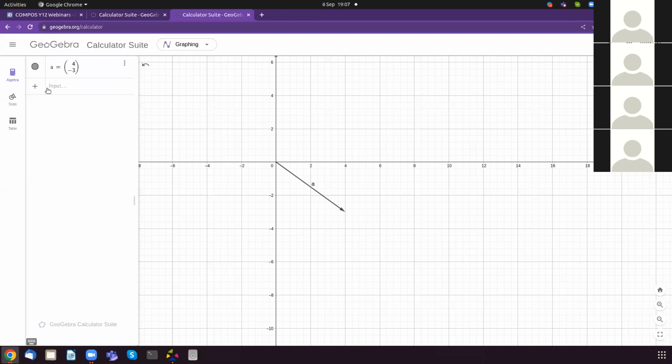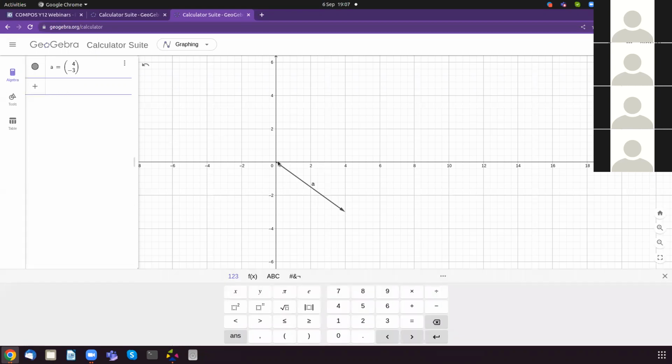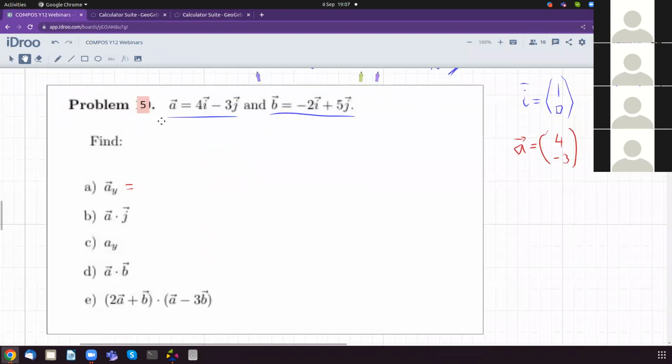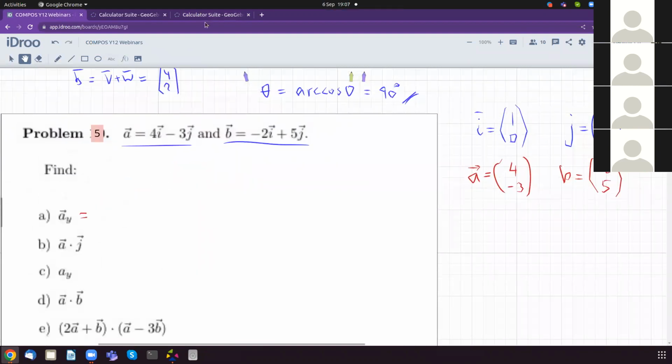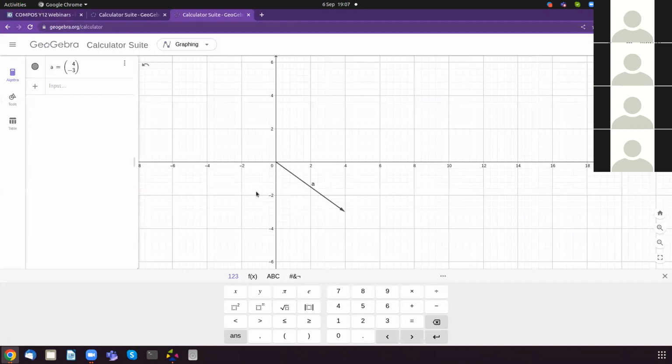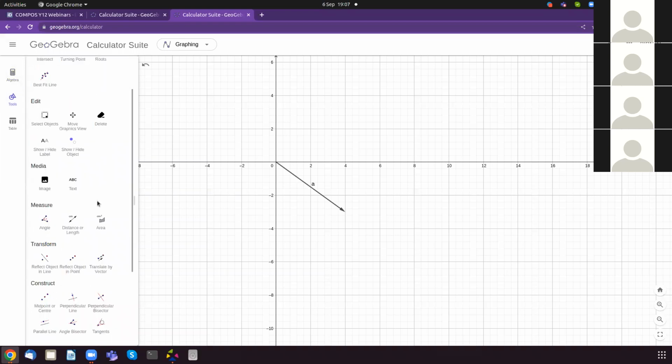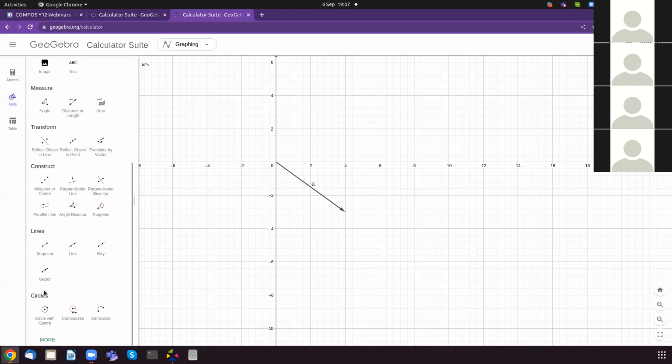Now what I'm going to do is draw a vector which is the projection of A. You need AY, isn't it? AY is the projection of vector A on the y-axis. So it's the shadow of vector A, if you will. It's the shadow of vector A drawn on the y-axis.